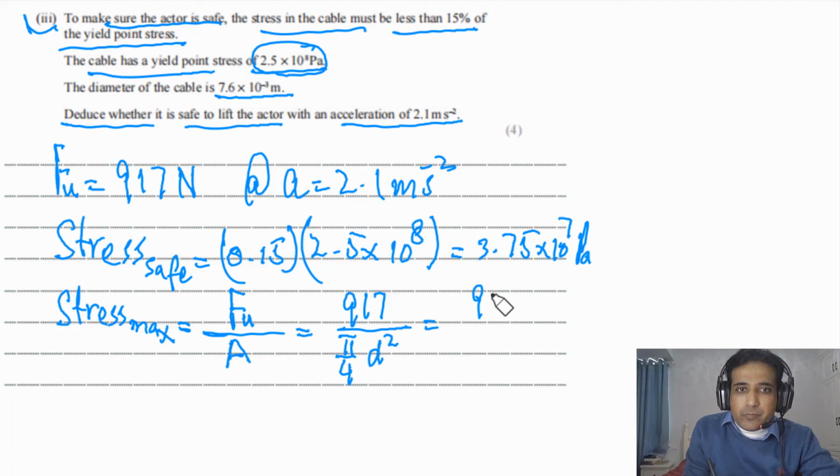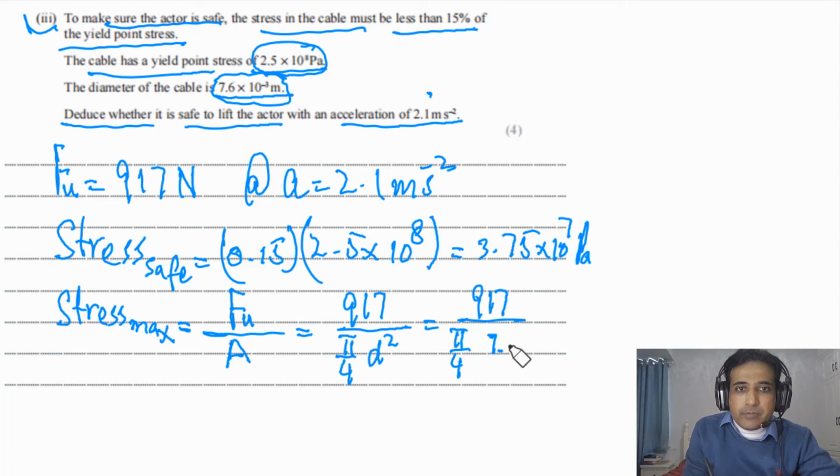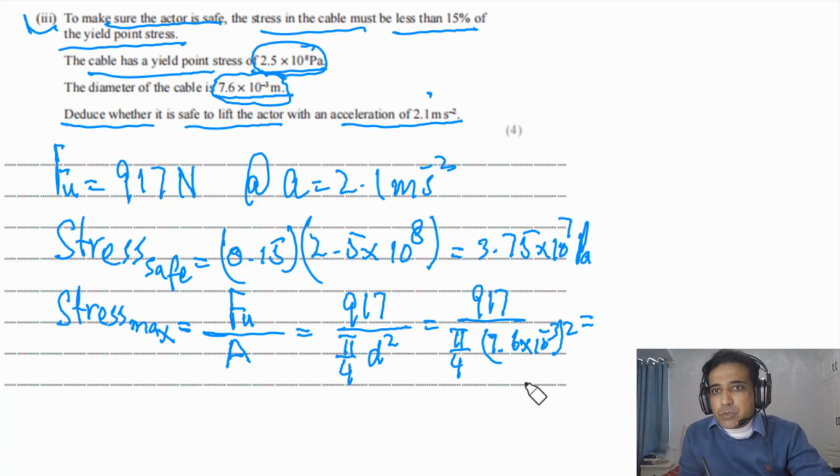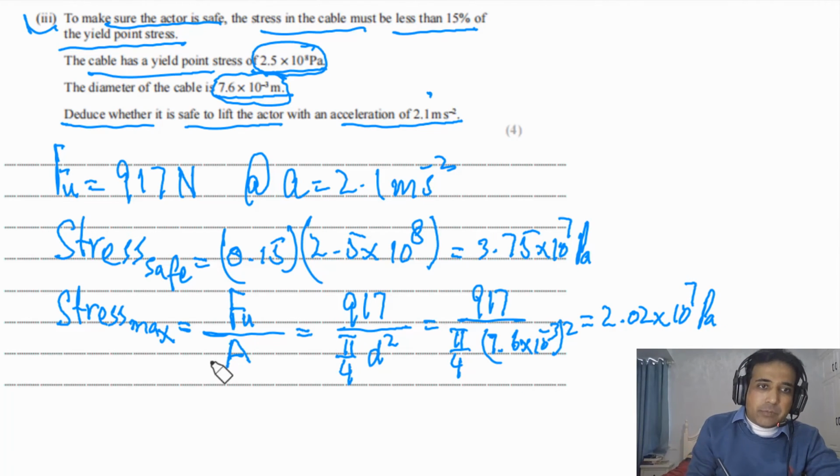So we can plug in values: 917 divided by pi by 4 times the diameter of the cable given to us, 7.6 times 10 to minus 3, squared. And if we solve this we will get 2.02 times 10 to 7 pascals. So this is the maximum stress.